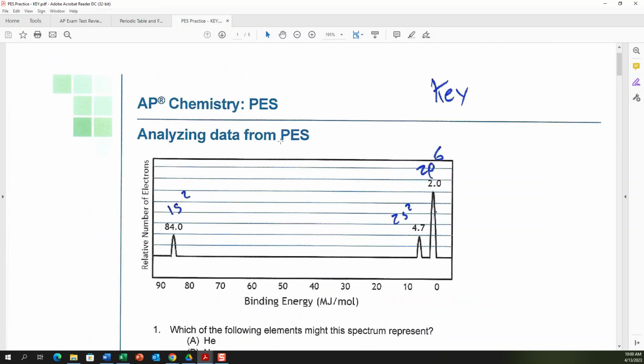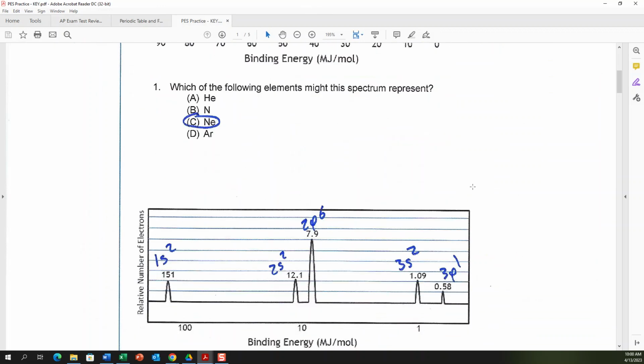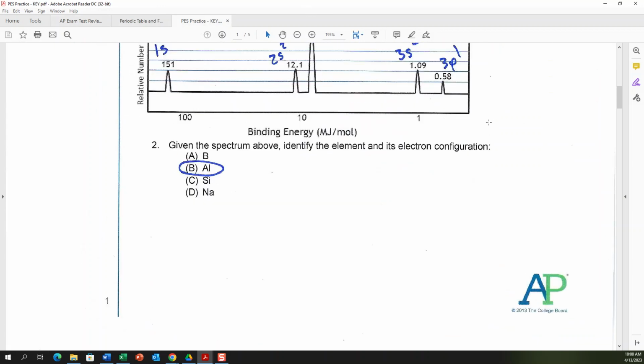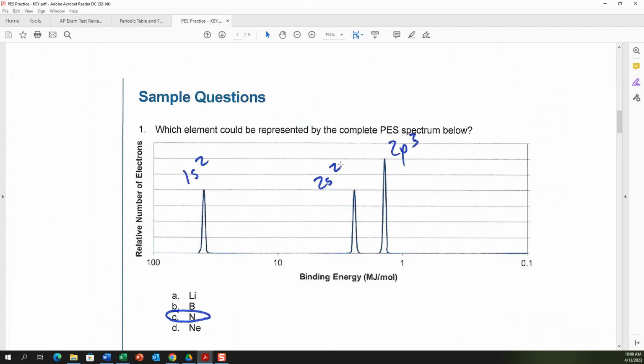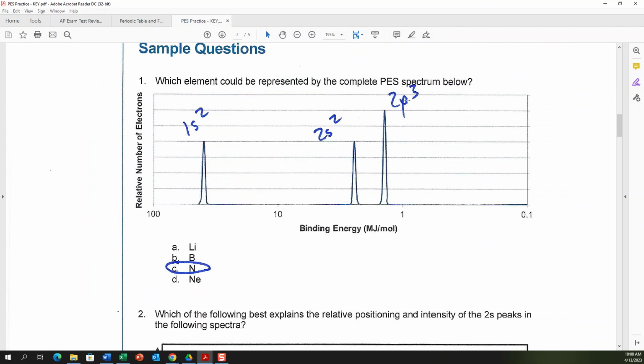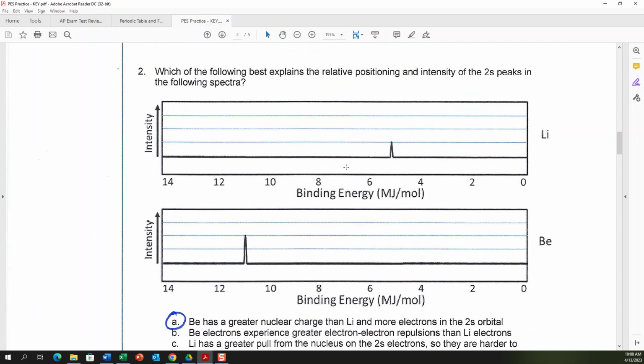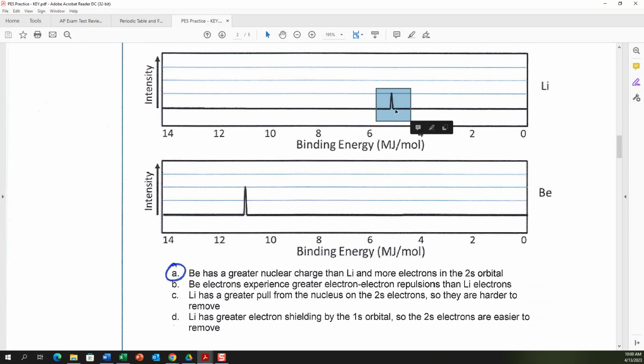So watch out, right? We did this worksheet in class, right? Here are full spectrum, so you can figure out, right? So here 1s2, 2s2, 2p, 3. But here, this is the 2s peak for lithium. This is the 2s peak for beryllium. So why is the 2s peak for lithium not as high as beryllium?